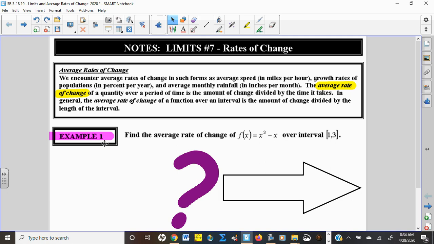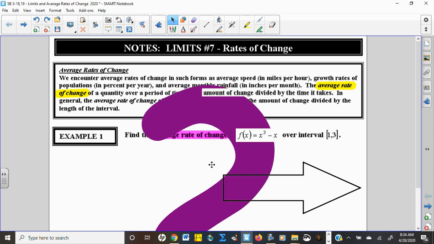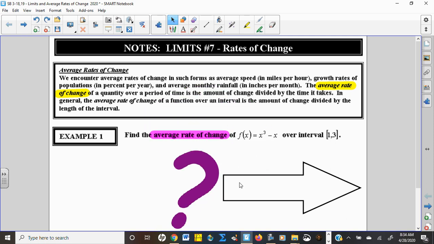I guess we could say that it's representing time, but they didn't really indicate it. So I think we could really simplify this more to an algebra 1 problem. What is the average rate of change? Well, I guess we probably should start by coming up with a formula.